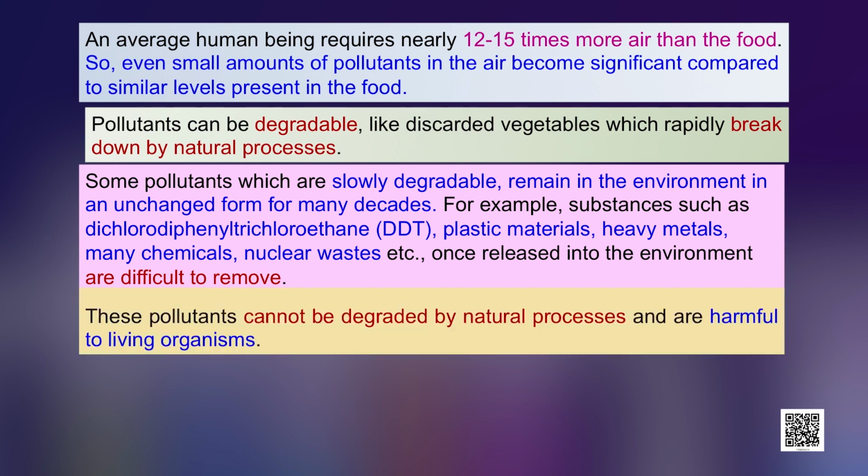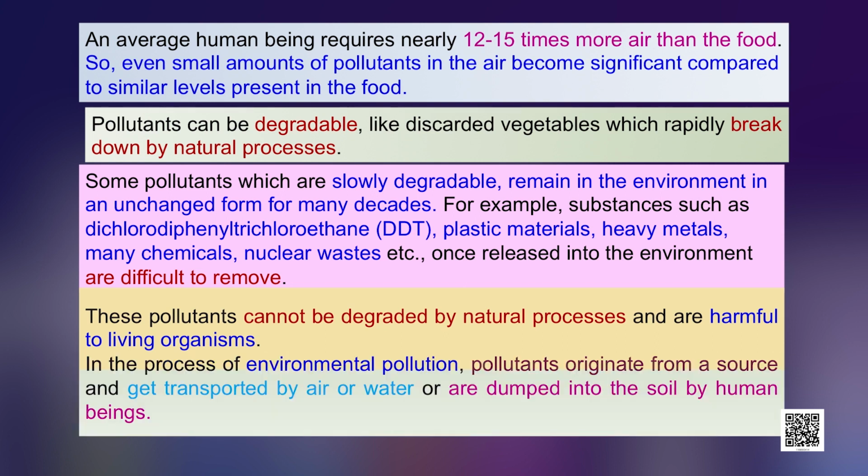These pollutants cannot be degraded by natural processes and are harmful to the living organisms. In the process of environmental pollution, the pollutants originate from a source and get transported by air or water or are dumped into the soil by human beings.